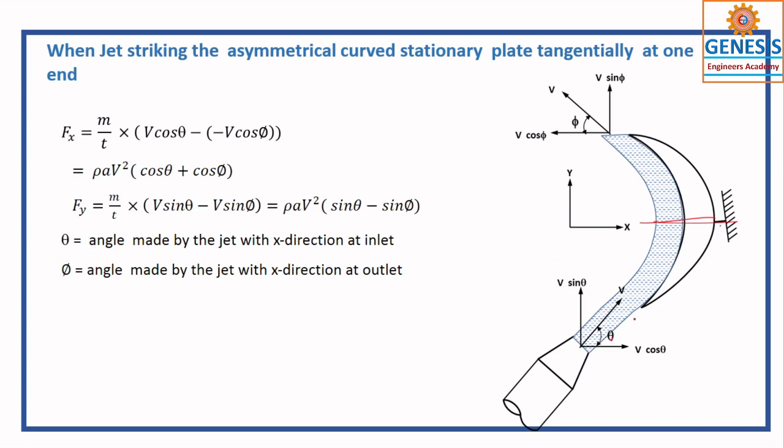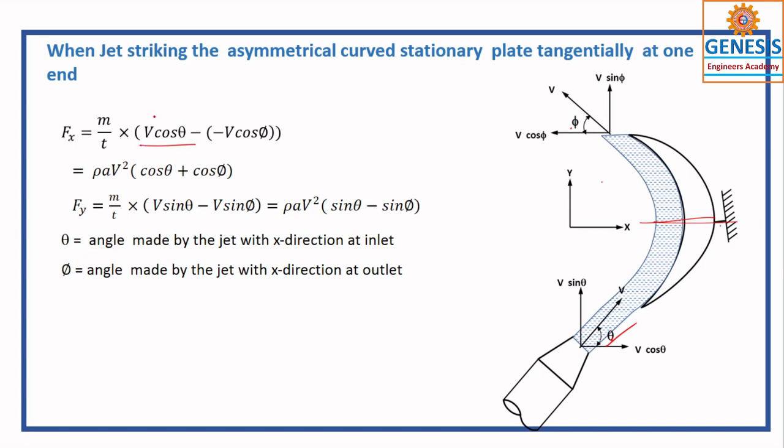Even if the curvature is same, the striking angle may be different. So in the previous case it is theta and it is also theta, then it is symmetrical. If it is unsymmetrical or asymmetrical, the impinging angle, that is the impact angle, the touching angle of the jet, is different from the leaving angle.